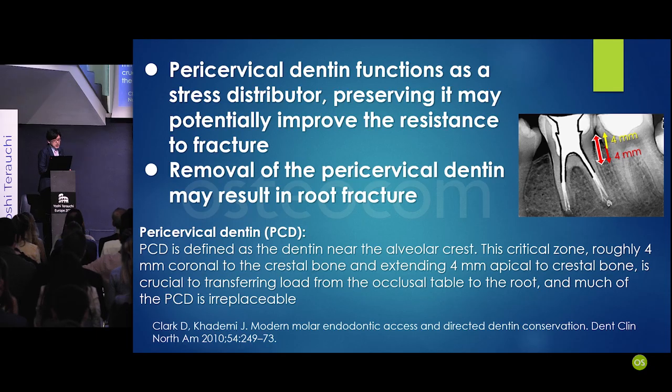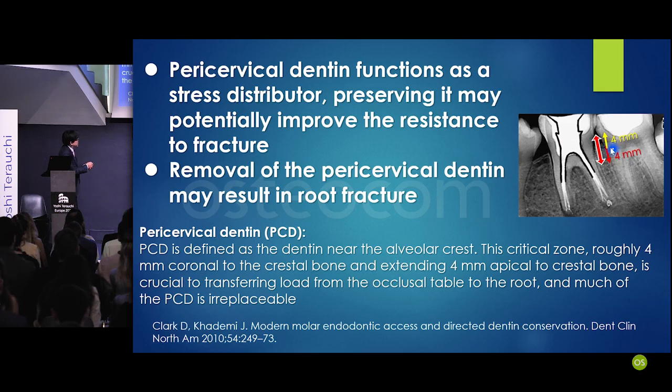And also, you have to maintain pericervical dentin in order to prevent vertical root fracture. Because pericervical dentin functions as a stress distributor, preserving it may potentially improve the resistance to fracture. The definition of the pericervical dentin is the area 4 millimeter coronal to the CEJ and 4 millimeter apical to the CEJ.